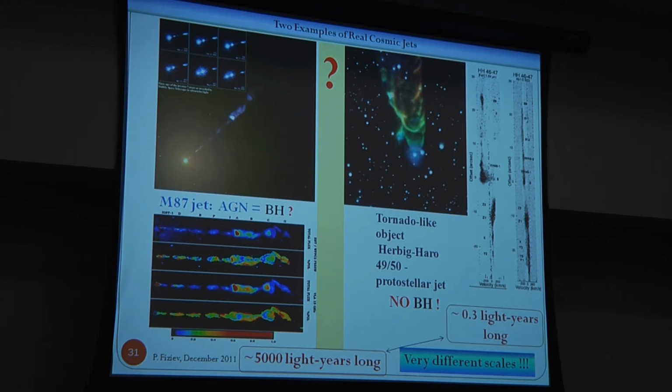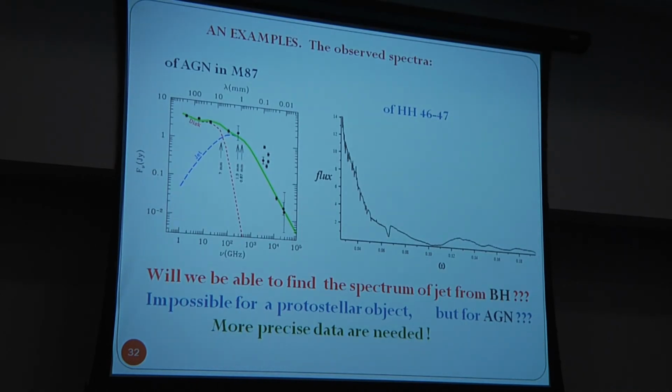This is a small object and its mass is about 1 solar mass. Here we have a very heavy object whose mass is 10 to the 9 solar masses. And usually people are speaking about black holes. And this jet is considered like a jet from black holes. But is this really the case? We don't know, of course.